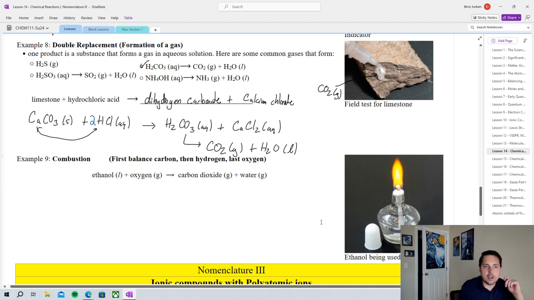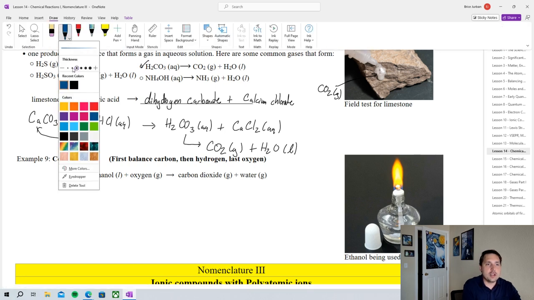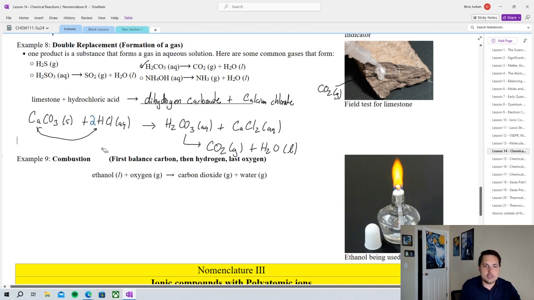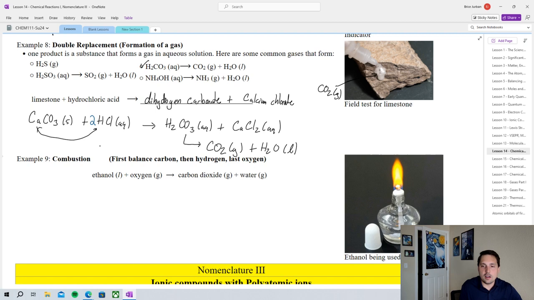And then the last type of reaction I want to introduce is the combustion reaction, which is one of the more useful reactions that we use on a daily basis whenever we're heating our homes or powering our cars. Here's a simple one where if you take an ethanol-based lamp, say for example you're at an Italian restaurant, they have one of these on the table.